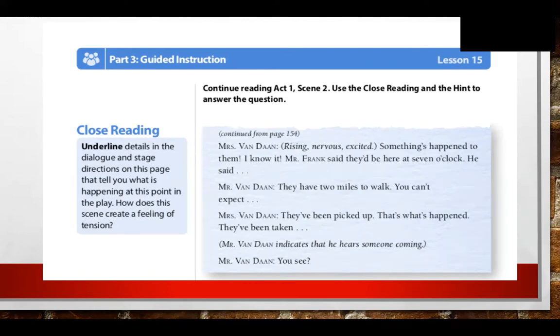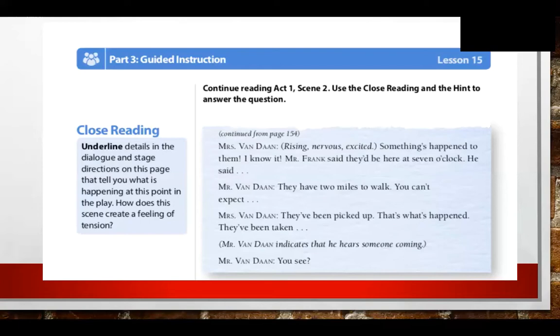We don't know who "them" is, but she thinks something's happened. She's also nervous and excited. Okay, this probably does not mean excited, happy, just excited, more like expecting something to happen. So underline nervous and excited, something's happened to them, I know it.